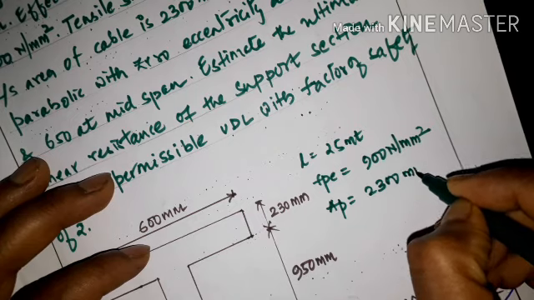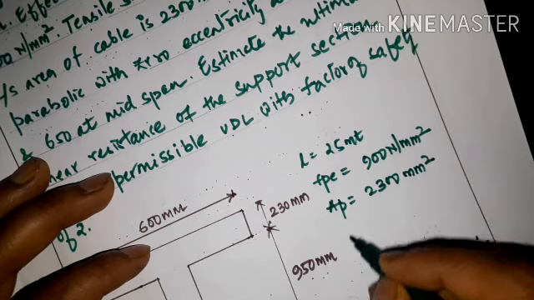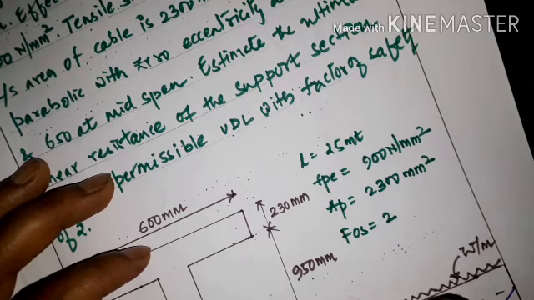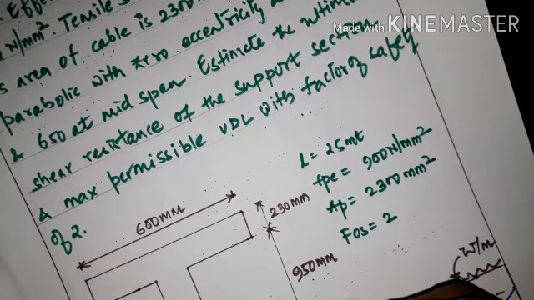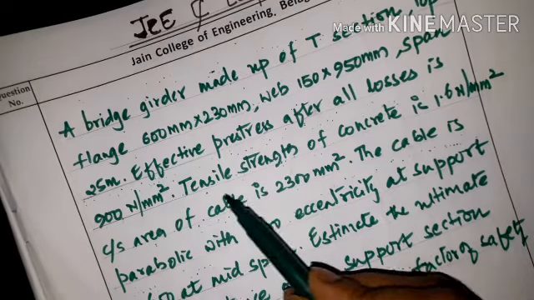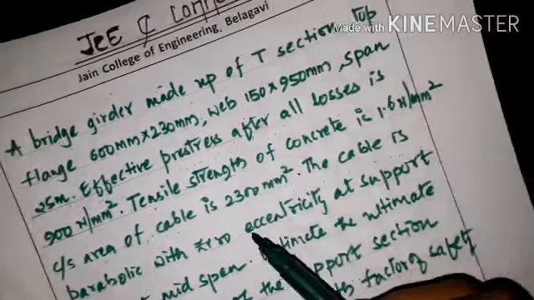Then the area of pre-stress is given as 2300 mm square, and the factor of safety is given as 2. Then the tensile strength of concrete, that is FT, is given as 1.6 Newton per mm square.